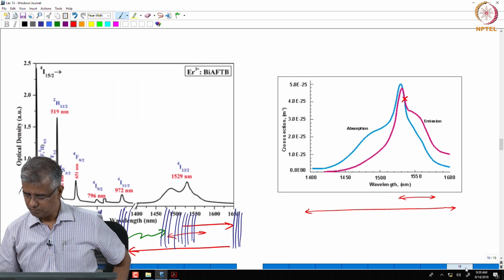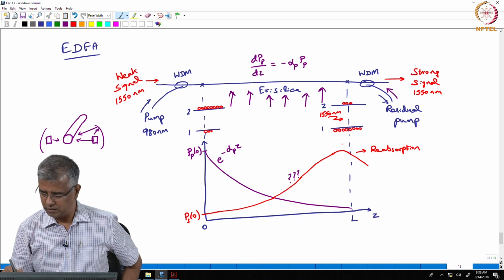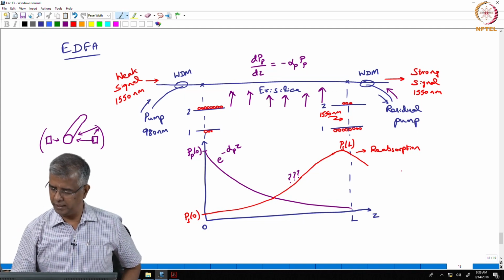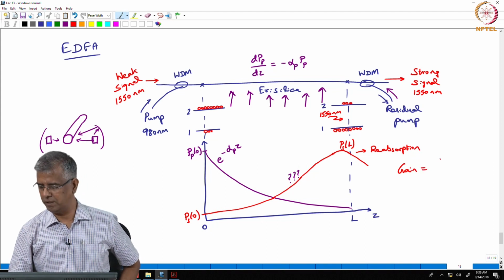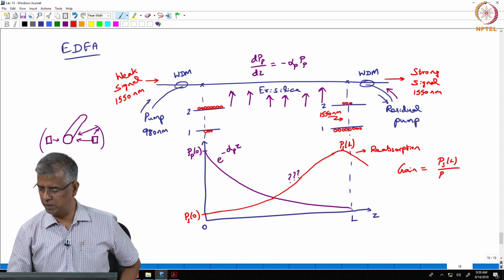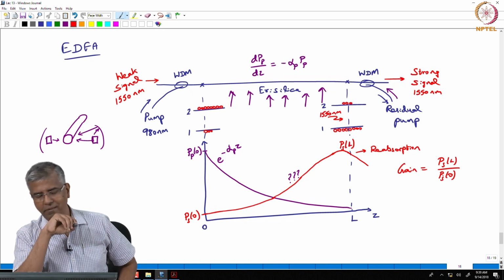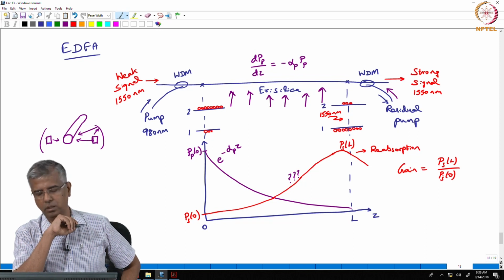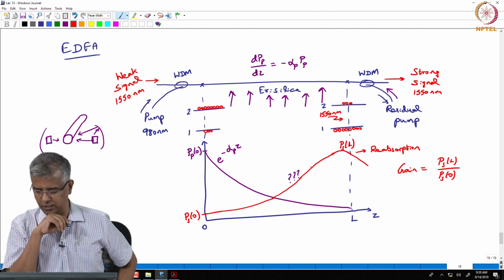Now, what we want at this point is Ps of L. We want to know what is the gain that you have in the system, which is given by Ps of L over Ps of 0. To evaluate that gain, we need to understand how this amplification is happening.